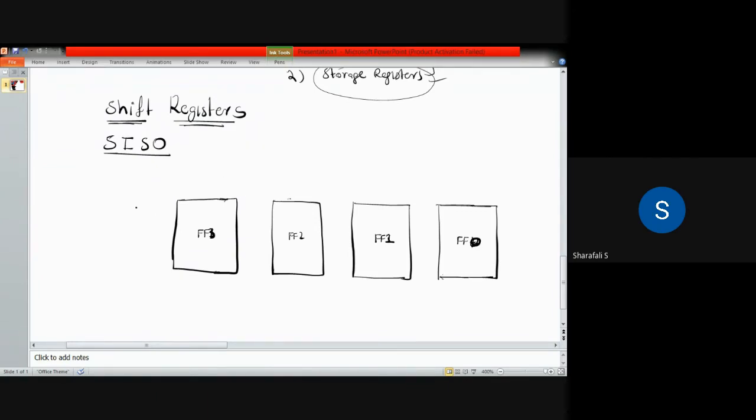We have the input here, and from this flip-flop we have the input to the next one, and from here we have the input like this.